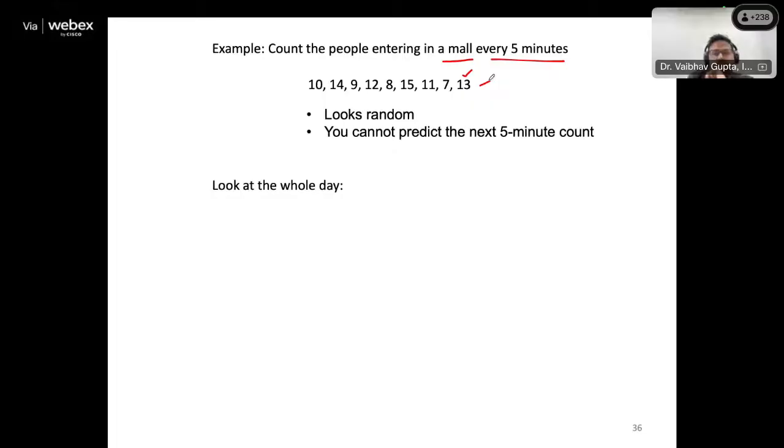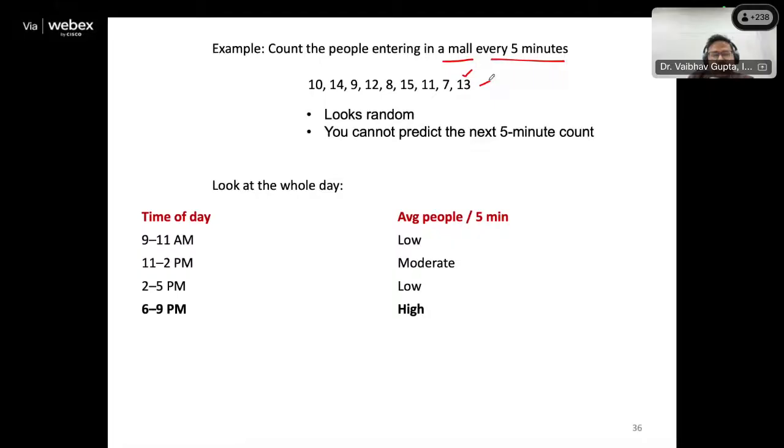But after you do this exercise the whole day, and then if I ask you, you take the average value and you see that in the morning hours, the number of people was low, and then in the evening hours, after the office hours, the number of people is high. When I was asking after 5 minutes, you were not able to tell a number. But once you look at the whole day, the complete story, then you can give me some sort of prediction that, maybe from 2 to 5, there will be fewer people present if I ask for the next day.